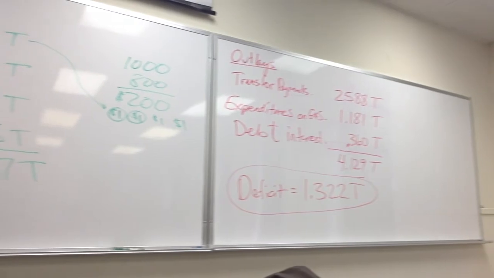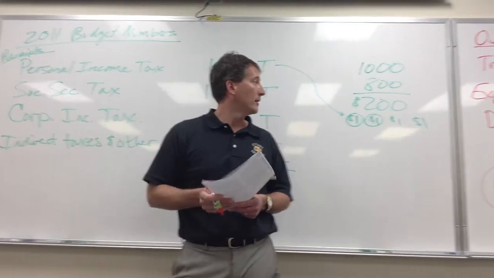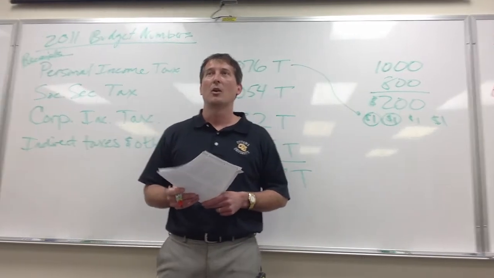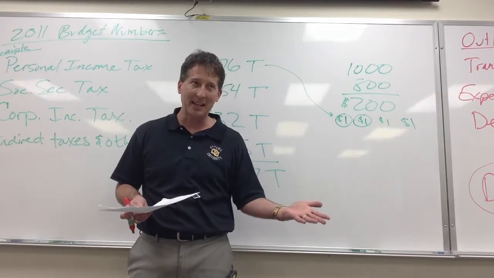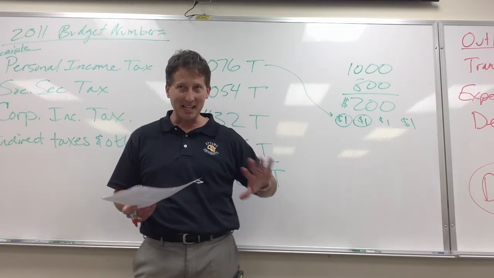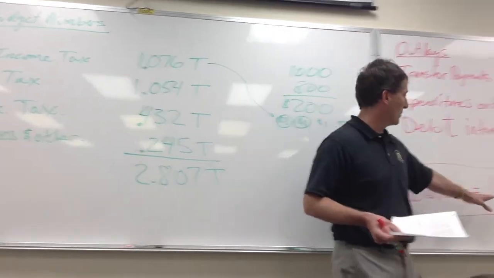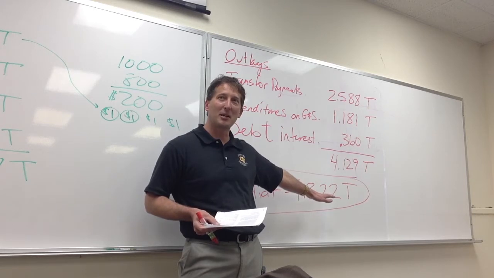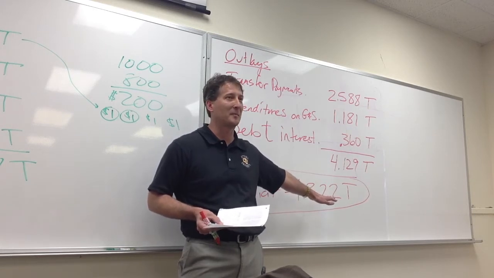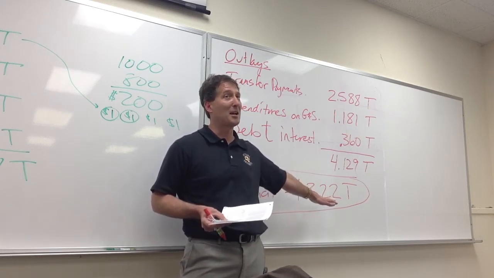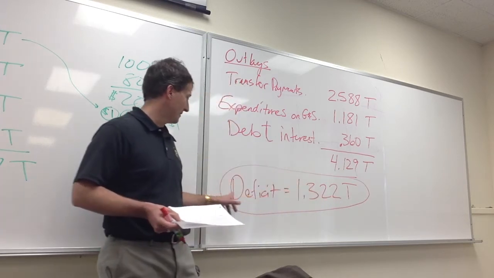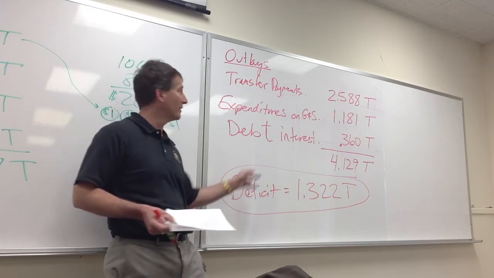So the debt has to go up by $1.3 trillion. What's our gross domestic product again? 15. 1.3. Is that 10% of GDP or 1% of GDP? 10% of income is money we don't have.